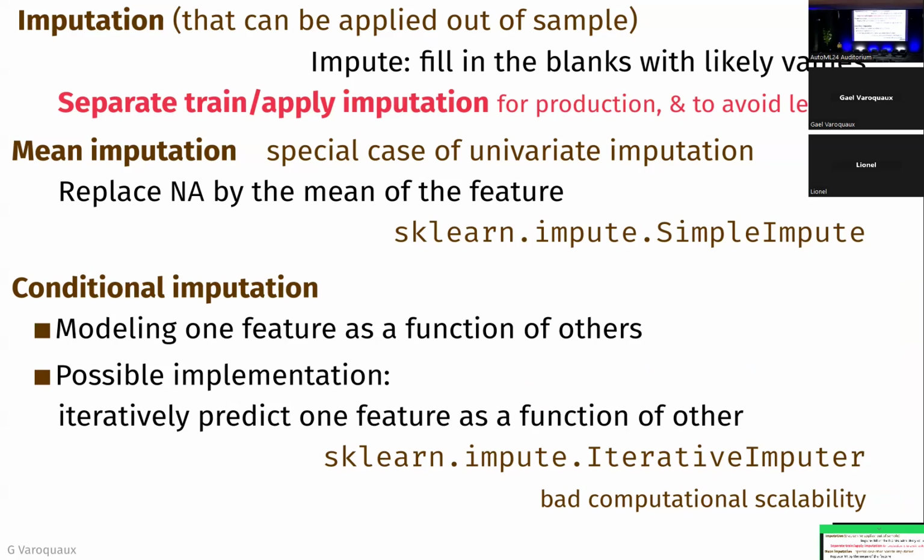Now, I immediately want to stress that the computational scalability of this is disastrous. You take your base learner, the one that you give to your iterative imputer, and you need to fit it multiple times, where multiple times is the number of features you have.